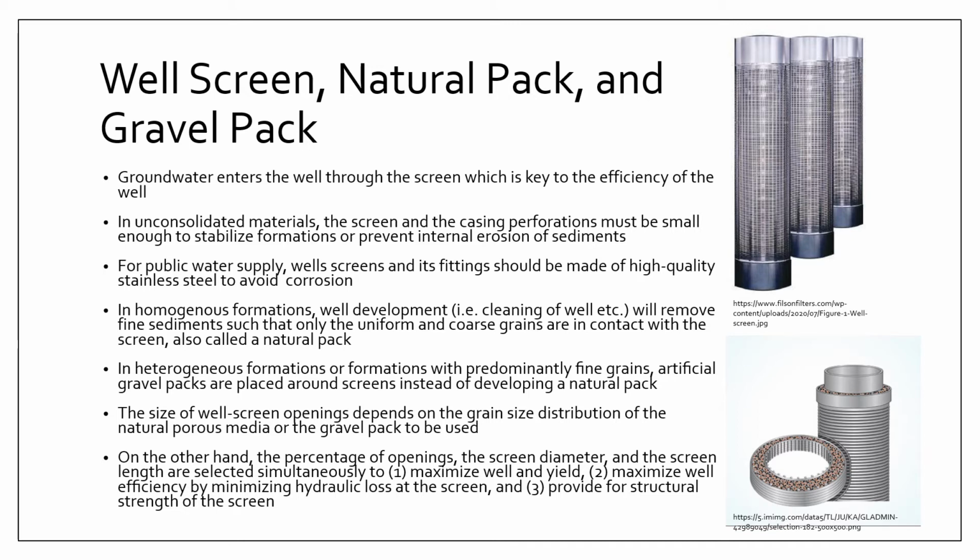All right. Now, other design parameters like the percentage of openings, or how much area of the screen should be open, and then the screen diameter, as well as the length of the aquifer that has a screen, these are typically selected simultaneously to ensure that you are having a maximum well yield, as well as these should be selected such that the well efficiency is maximized.